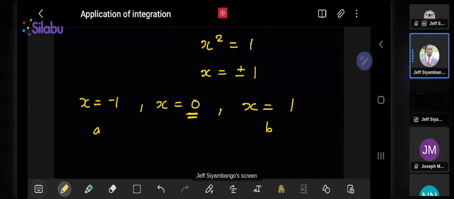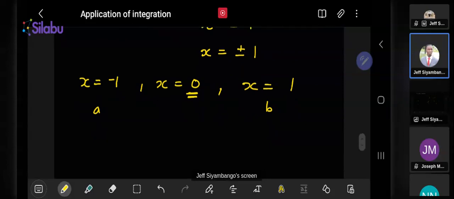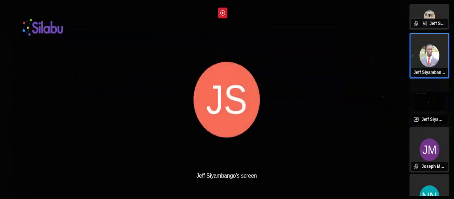So our area is now going to be the integral from negative 1 to 0 of x to the 3 minus x dx.